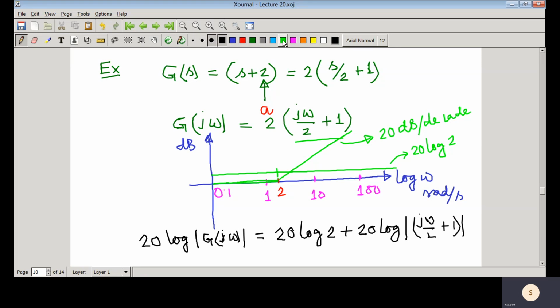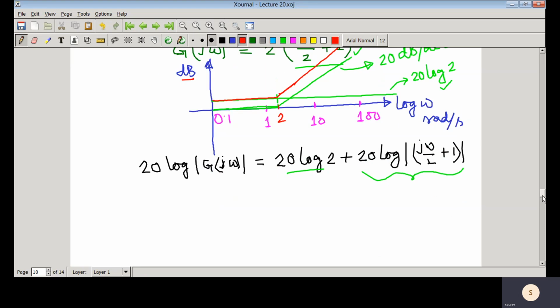And for this particular term we have already discussed what the asymptote would be. So this one is the asymptote, and this is that value. So what would be the Bode plot? The asymptotic Bode plot is this one, it comes here, and this is the asymptotic Bode plot, and here this is in dB. 2 is the corner frequency. And what would be the phase plot?